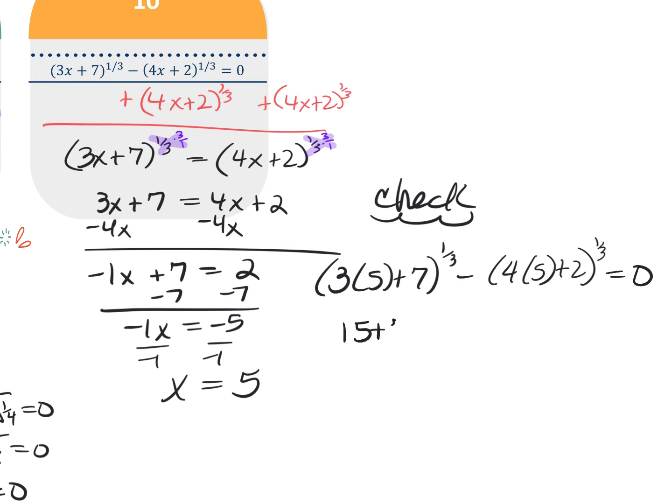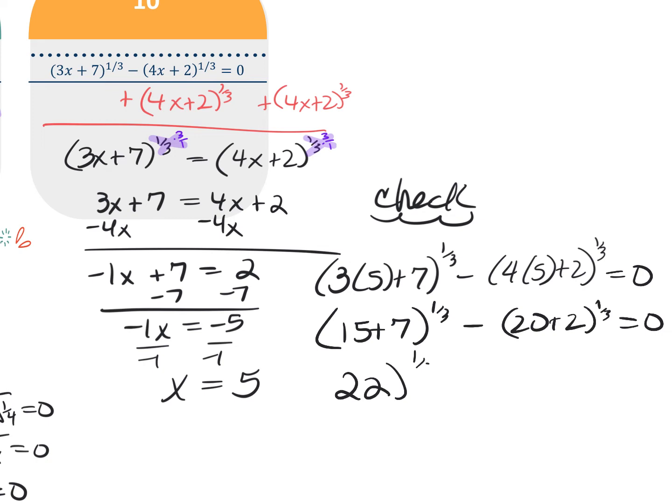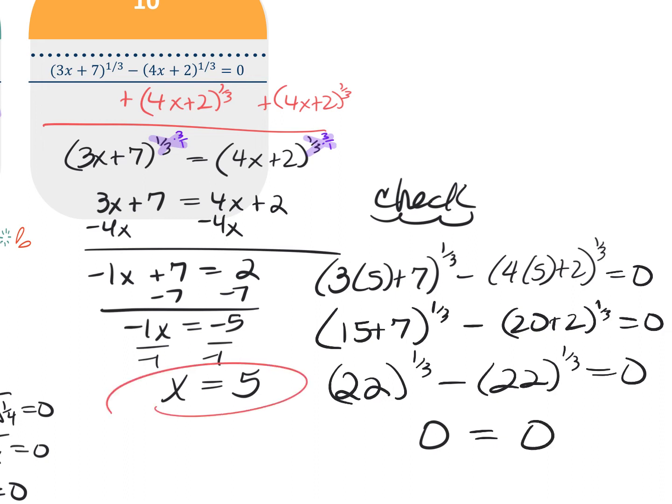So 15 plus 7, raised to the 1/3 power, and then here 20 plus 2 raised to the 1/3 power. So 15 plus 7 is 22. 20 plus 2 is 22. Notice again, I'm just subtracting the same thing from itself. I don't need to figure out what 22 to the 1/3 power is. When you subtract it by itself, you get 0. So x equals 5 is a good answer.